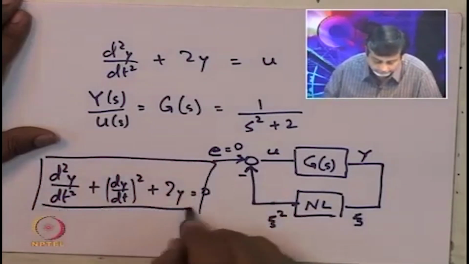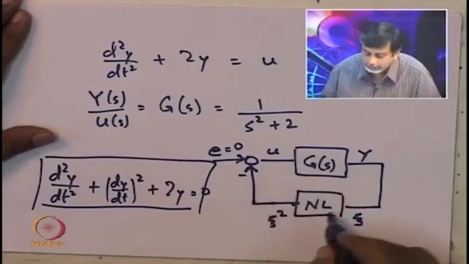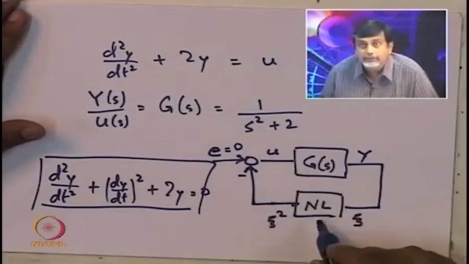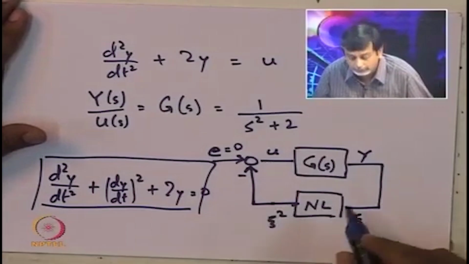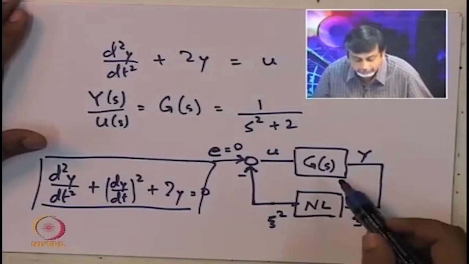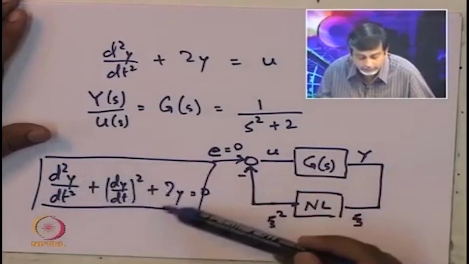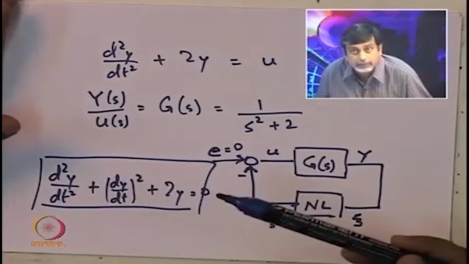So, talking about this closed loop system being asymptotically stable, for example, is exactly the same as saying that the original nonlinear system is asymptotically stable.